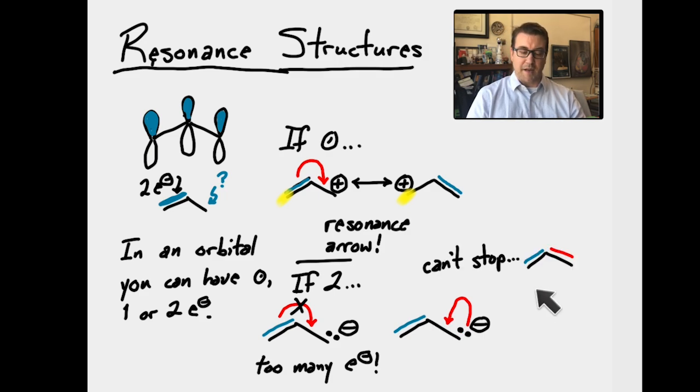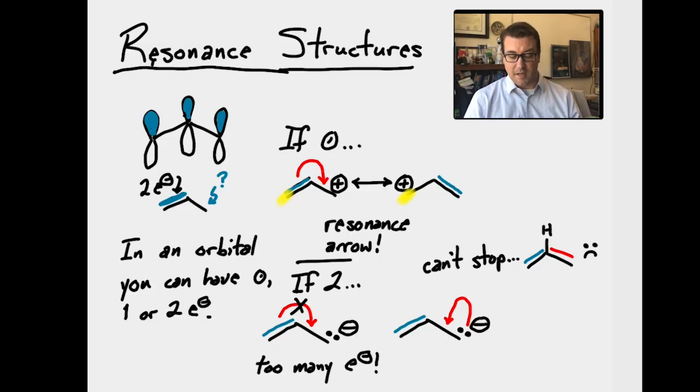So if we stopped there, you'd have a structure like this, which at first pass you might say doesn't look bad. It looks like all the carbon atoms have 4 bonds to them, but in reality there's this proton on this central carbon, and it's been there all along. You really have to keep track of those protons, or hydrogen atoms, and this would be hypervalent, meaning it has too many bonds to it. 5 bonds to carbon is bad.